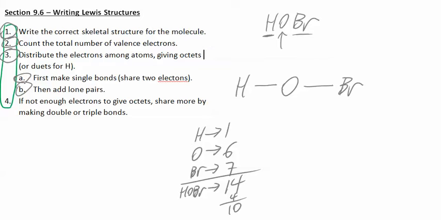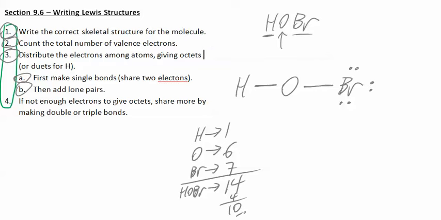Next, we add the lone pairs. Remember, electrons tend to come in 2s because 2 electrons can fit in each orbital. Hydrogen is already sharing 2. It's good to go with a duet. Bromine, however, and they suggest that you add lone pairs to the outer atoms first, is sharing 2 right now, so it needs 1, 2, 3, 4, 5, 6 to have a total of 8.